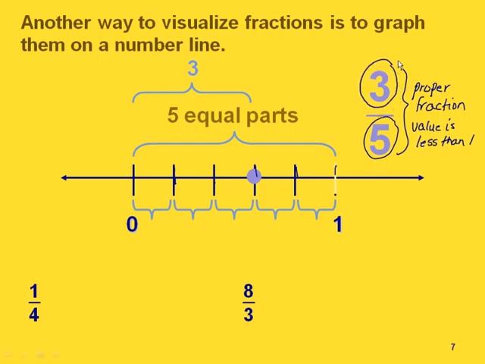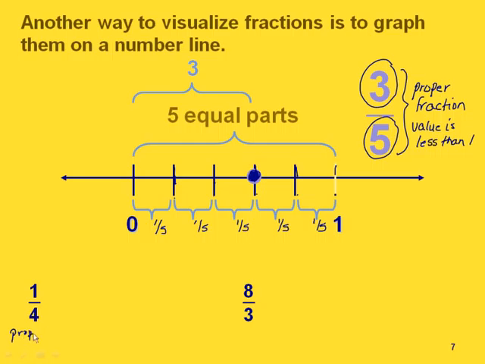So all we want to do is go from 0 and count 3 equal parts in our graph, and then at that point is where we're going to mark the graph of our fraction. One thing to notice here is that each of these pieces in between the 0 and 1 is one of our equal parts. So actually each of these would be 1/5 of the way between 0 and 1.